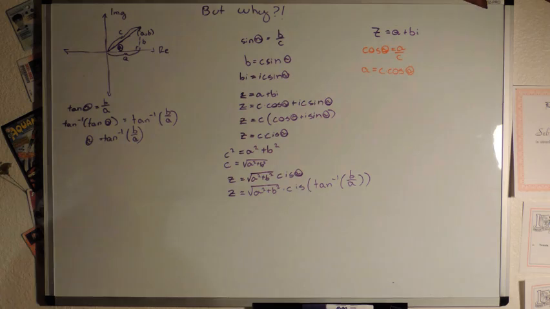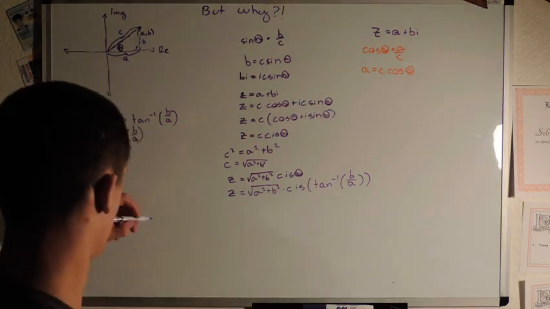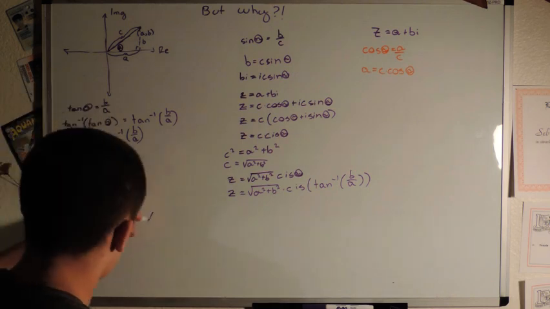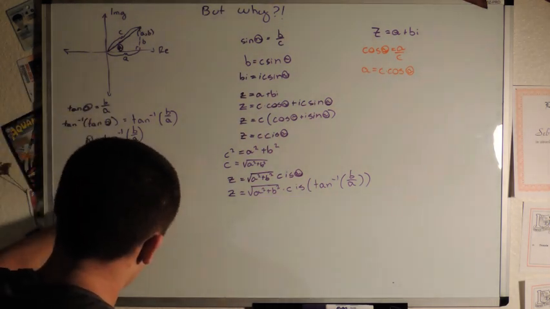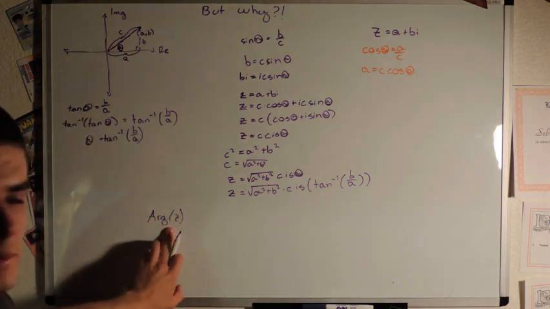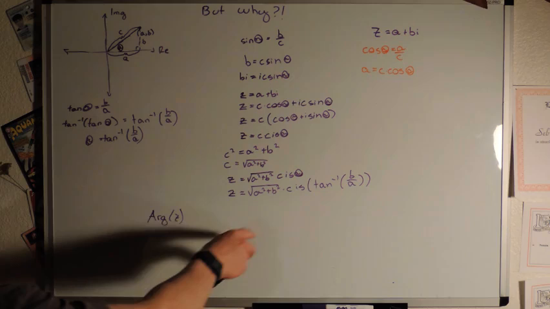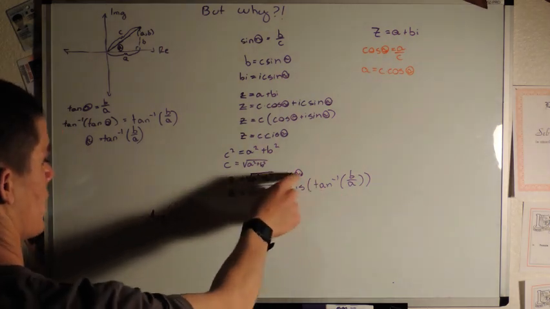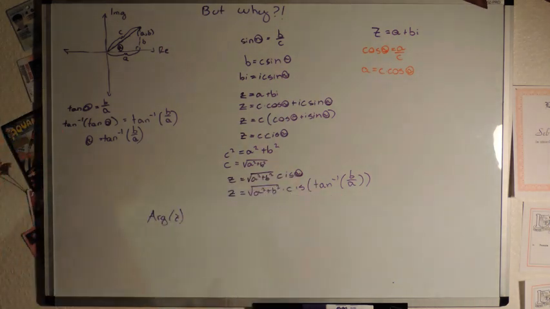And there we go. Now if you're ever taking a test and you see the argument of z, where z is a complex number, the argument of z is simply equal to theta, or arctangent of b over a.